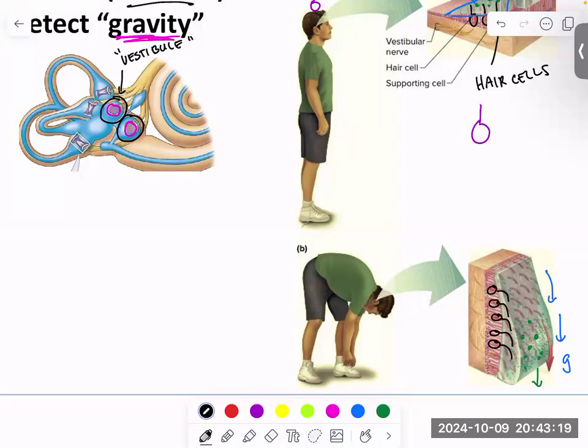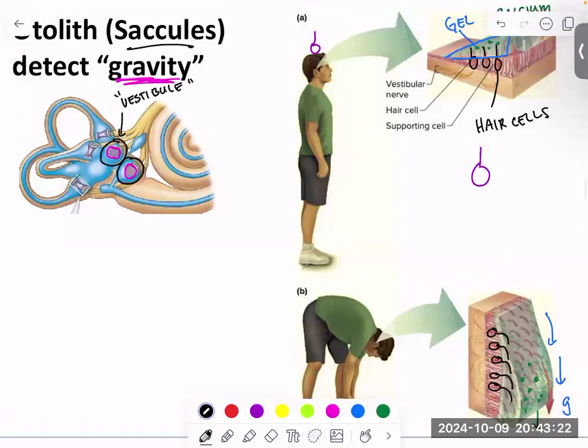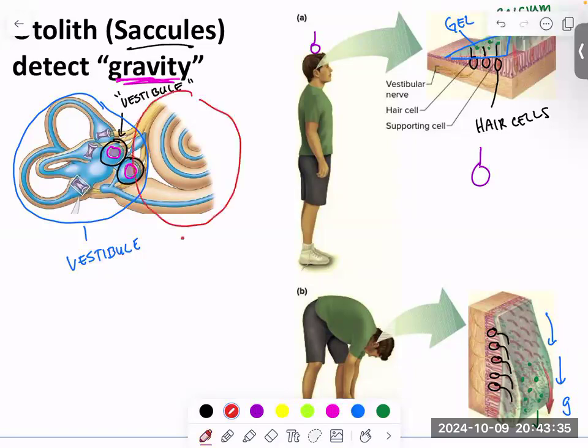All three of these in the vestibule. In the cochlea. Vestibular cochlear nerve. Remember that. Hearing and balance.